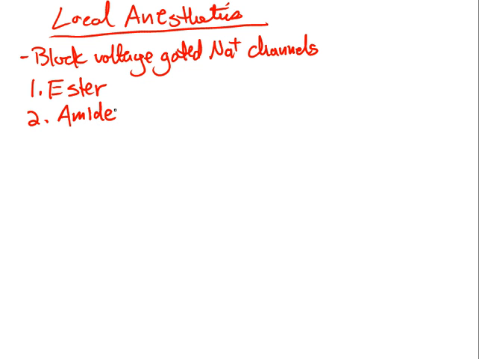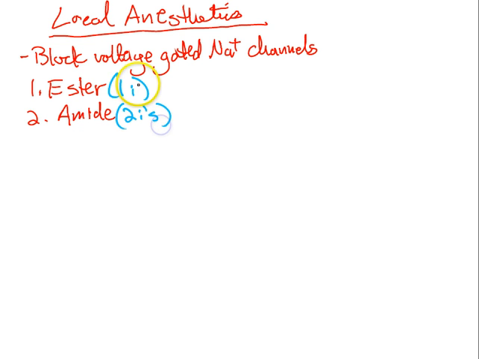There's a very easy way to remember this, and it's all about the I's in the name. If it has 1 I, it's an ester. If it has 2 I's, it's an amide. For example, procaine is spelled with one I, so therefore it's an ester.